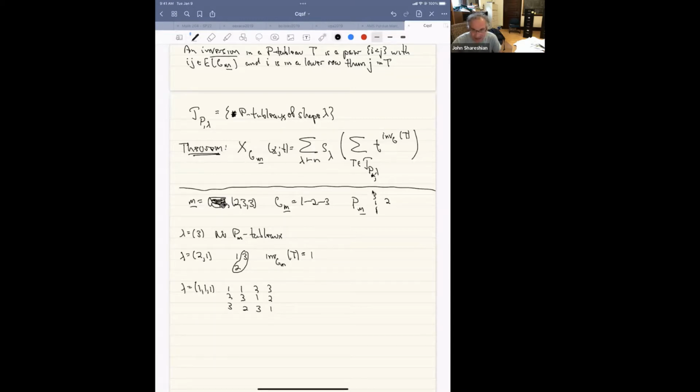That's exactly what it means. 3 is related to 1 in this way, so I'm missing the 2 permutations in which 3 lives directly above 1. This has no inversions. This has 1 inversion. This has 1 inversion. This has 2 inversions. And the claim now of the theorem, which we've seen verified several times, is that this is S3 plus t times 2 S21 plus t squared times S111.